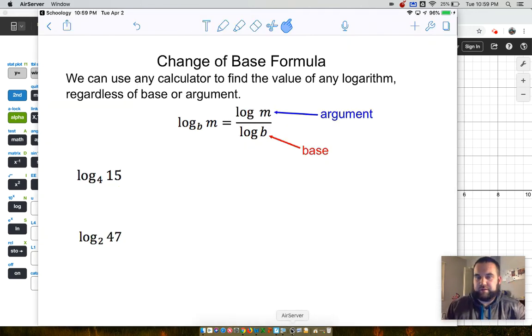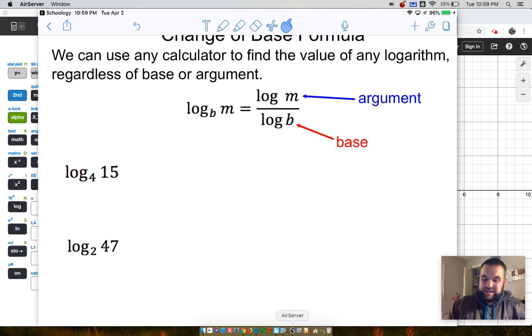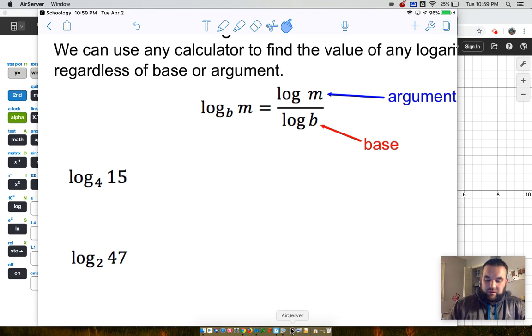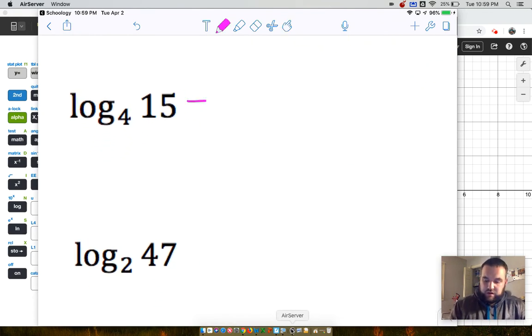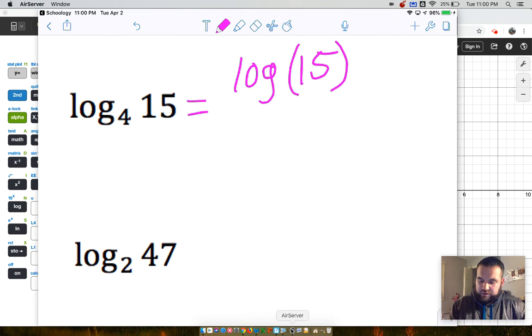Some calculators do have the ability to do it, but a quick and easy way to do this is, if I want to type in log base 4 of 15 into the calculator, I'm going to use just the regular log button, and I'm going to do log of the argument, which in this case is 15, and divide by the log of my base number.